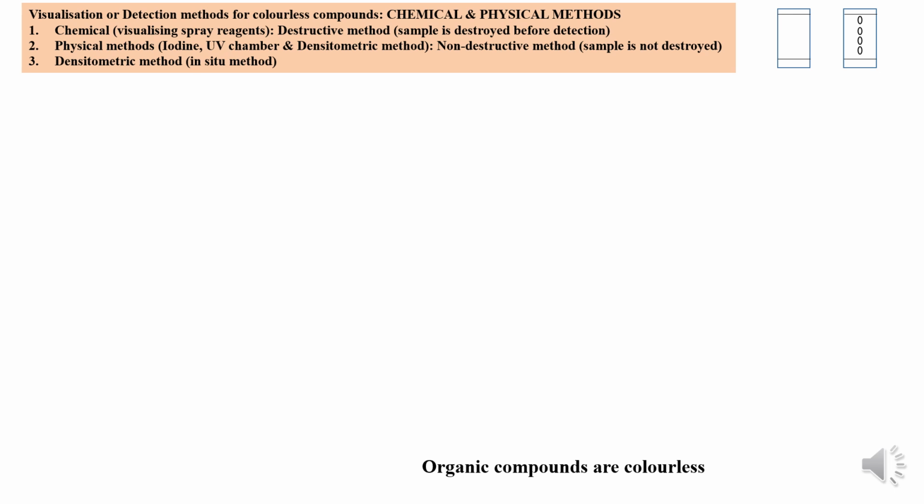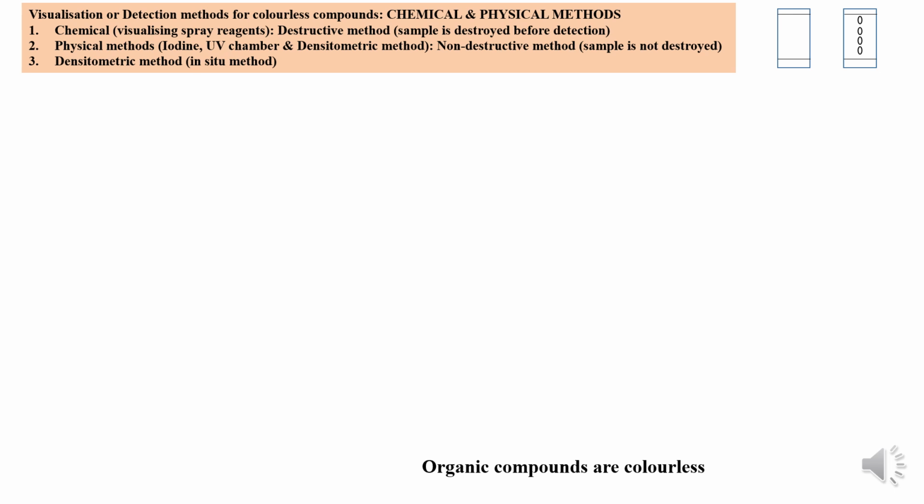The second method is the physical method, which involves the usage of iodine chamber, UV chamber, and the physical methods are non-destructive methods as the sample is not destroyed. So the sample can be visualized by physical methods without destroying the samples. And by densitometric method, which is an in situ method, you can measure the optical density of the separated components.